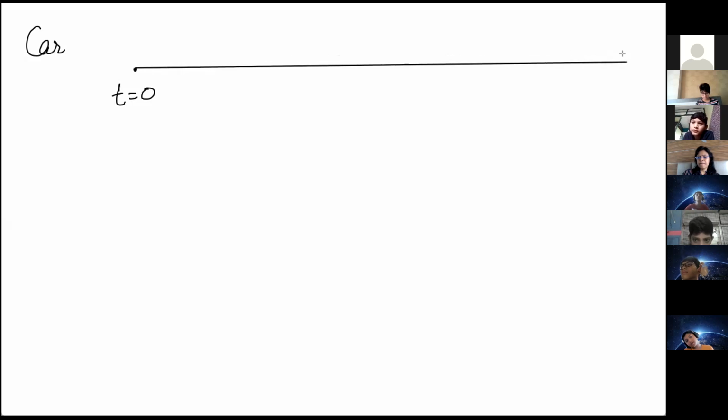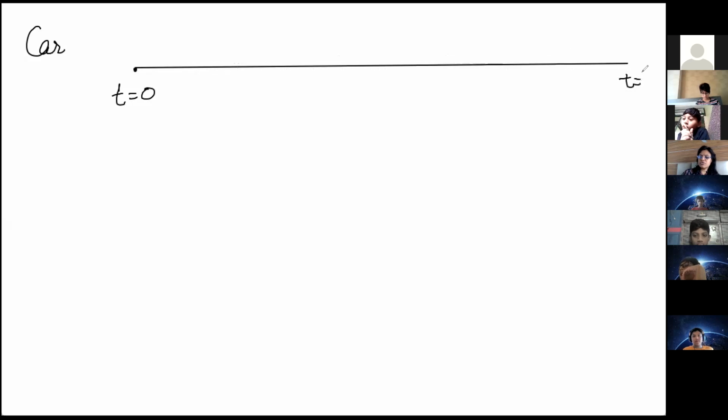Okay. So suppose a car starts from time equal to 0 from this point. A car starts from this point and it reaches here.